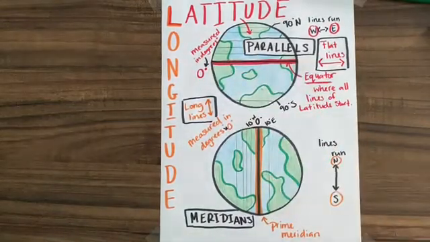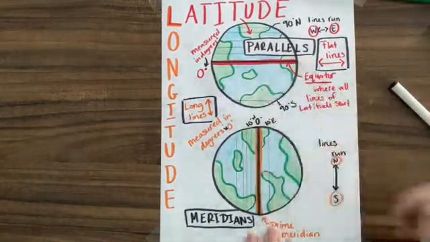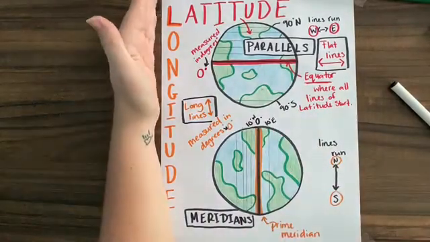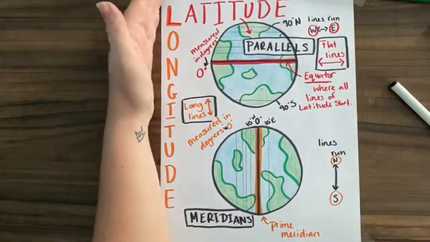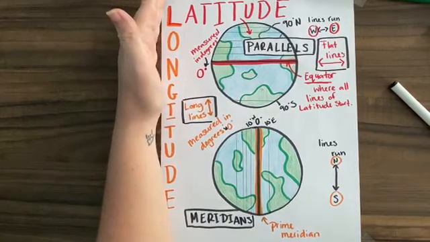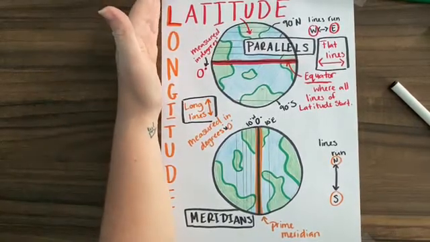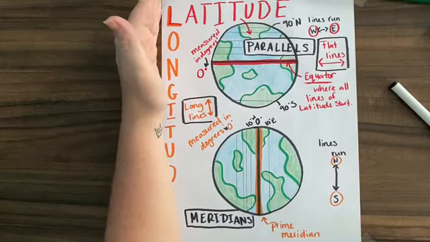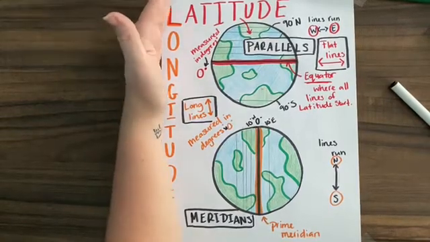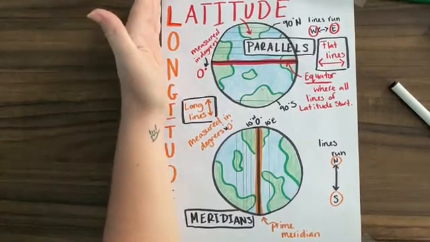So I always think about a piece of paper like this one, and I think the long side of my paper or my notebook is the up and down side. So the longitude, the long lines, would go up and down.